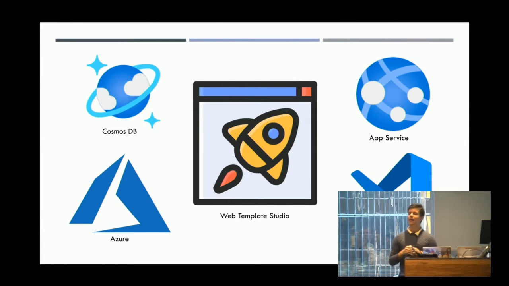Actually, it is not just a non-SQL DB, but we have a SQL API. So you interact with it as with a SQL DB or MongoDB. We have different APIs, but this is actually a highly scalable, highly distributed non-SQL database. And App Service is a hosted solution. You can deploy your application, and we will do that in a second.